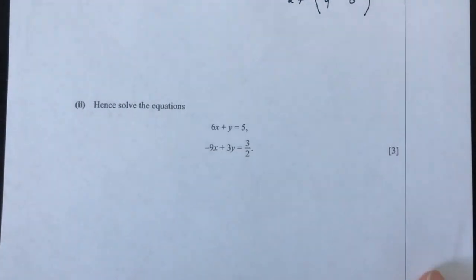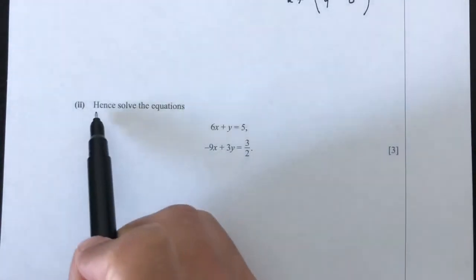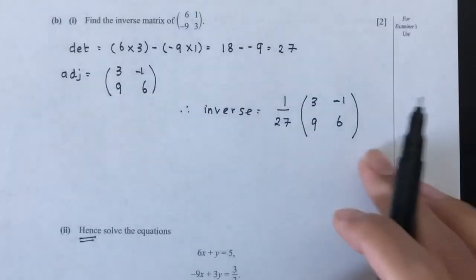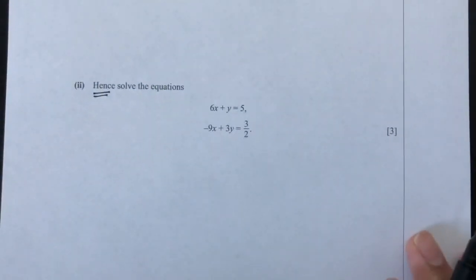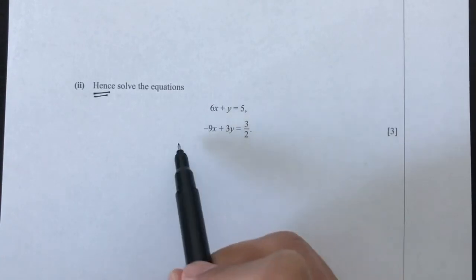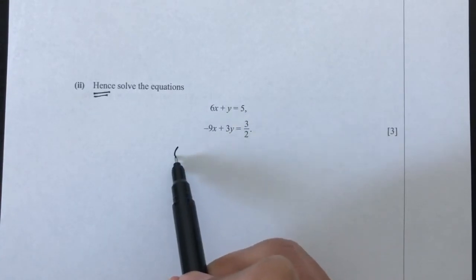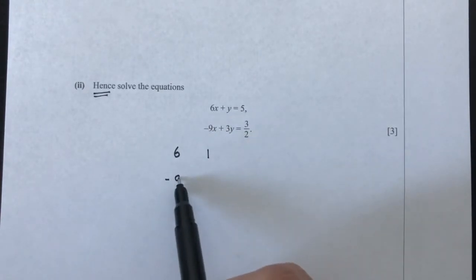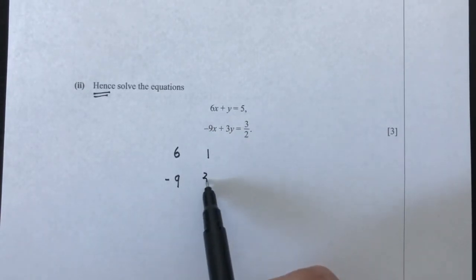Now for part 2, hence solve the equation. So whenever you see hence, it means you have to use your answer from here to solve this. So if you observe, we can rearrange this to help us with that. If you take out 6 here, we have 1 here, we have minus 9, and here we have 3.